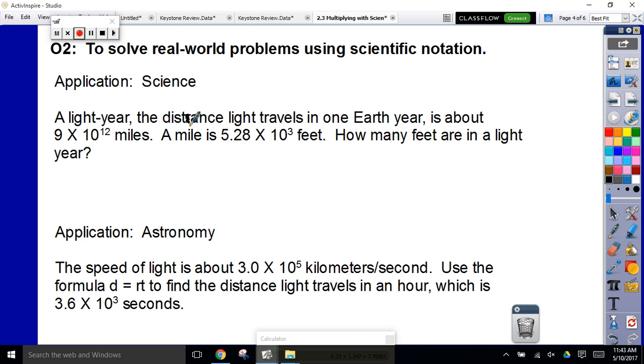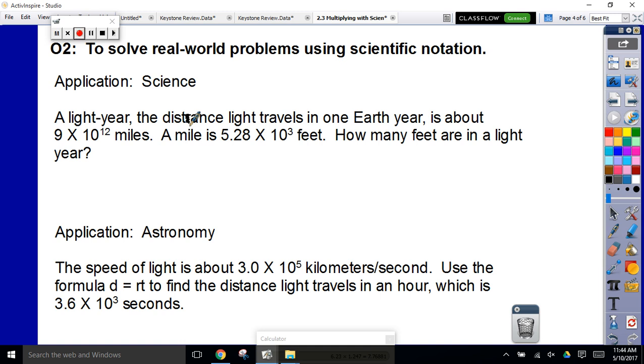Anyone volunteer for this one? We know how many miles are in a light year. We want to know how many feet are in a light year. And it tells us that a mile is 5.28 times 10 to the 3rd feet. Yes? We're going to multiply.